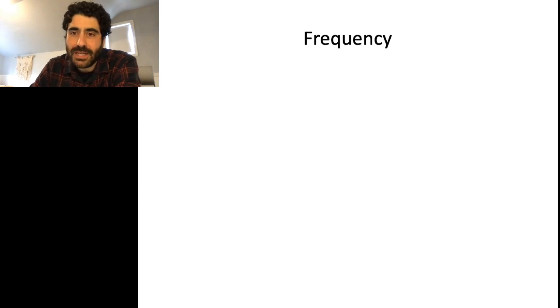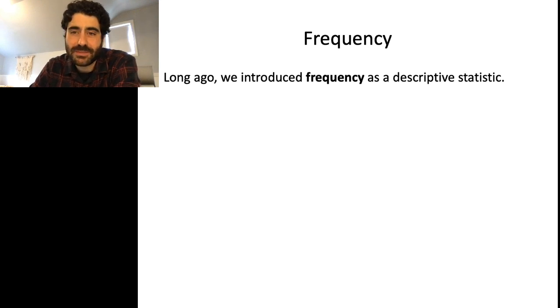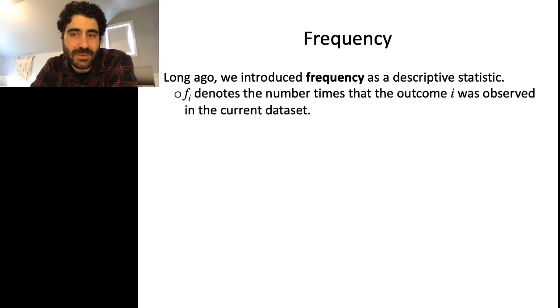Okay, so we talked at the beginning of the class about probably the simplest kind of descriptive statistic that we can get from a data set, which is what we call frequency, which is just the number of times that an outcome occurred in a data set. In other kinds of science contexts, the word frequency means some kind of normalized rate or something.